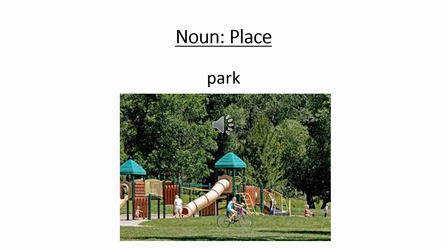Now let's move on to the next example. Example number 2, noun as place. As you can see in the picture, it is a park, and it is a name given to a place.